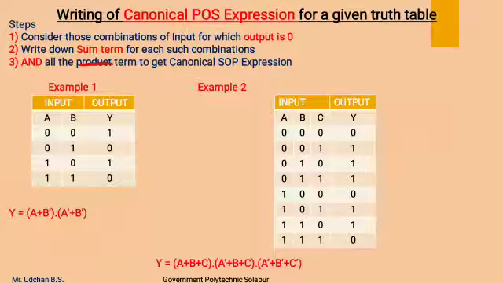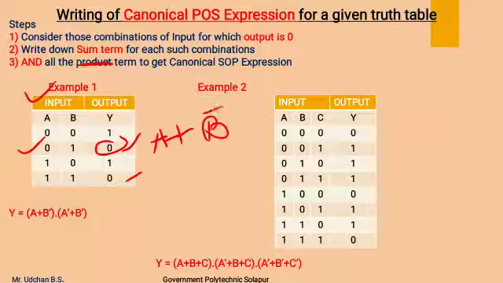Now here again I have taken 2 examples. The first one is a 2 variable truth table in which there are 2 zero outputs. We are going to consider only these outputs. So for this 0 the input combination is 0 1, so I will write the sum term as, here as I am going to write the sum terms, a 0 is represented by a normal variable and 1 is represented by a complemented variable.